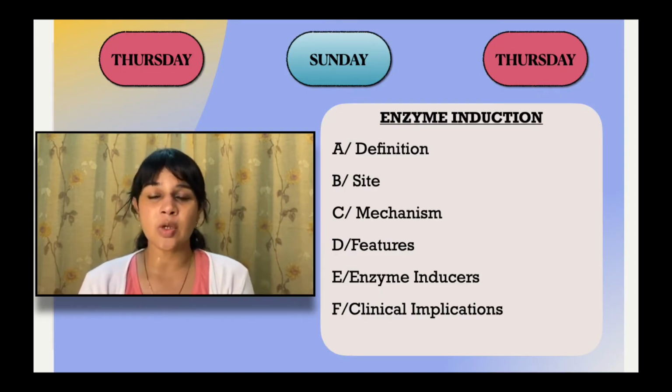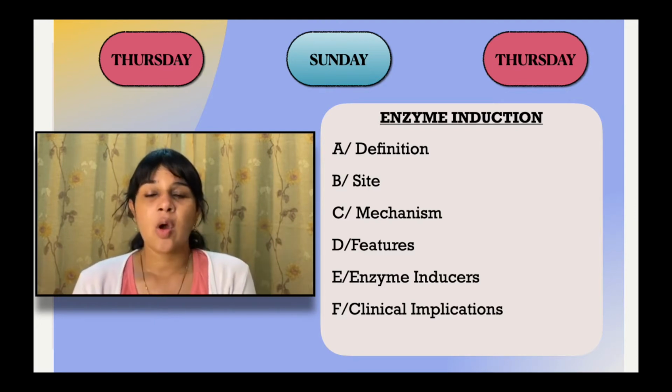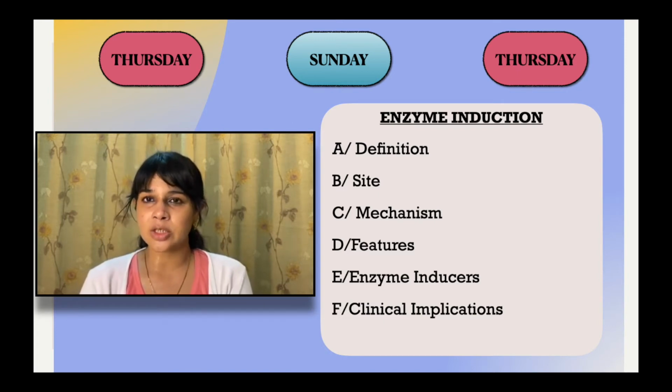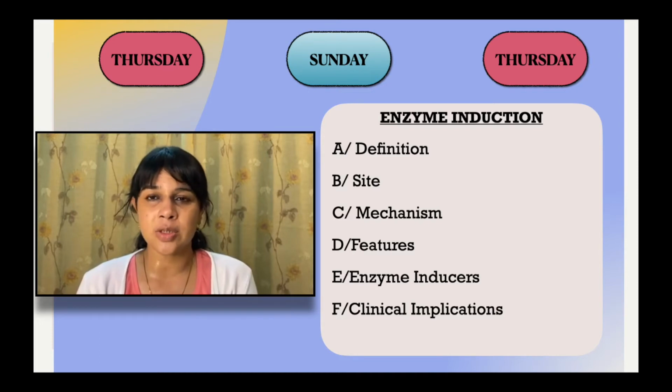Now let's come to the topic that we did on Sunday. On Sunday, I talked about the enzyme induction and the enzyme inhibition in a comparative tabular form. So I will be jotting down the most important bullet points for each of the enzyme induction and the enzyme inhibition today. First of all comes the definition of enzyme induction.